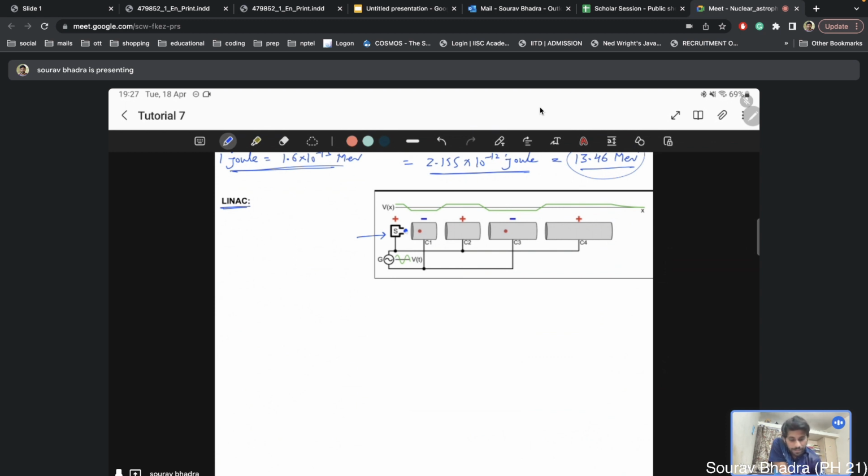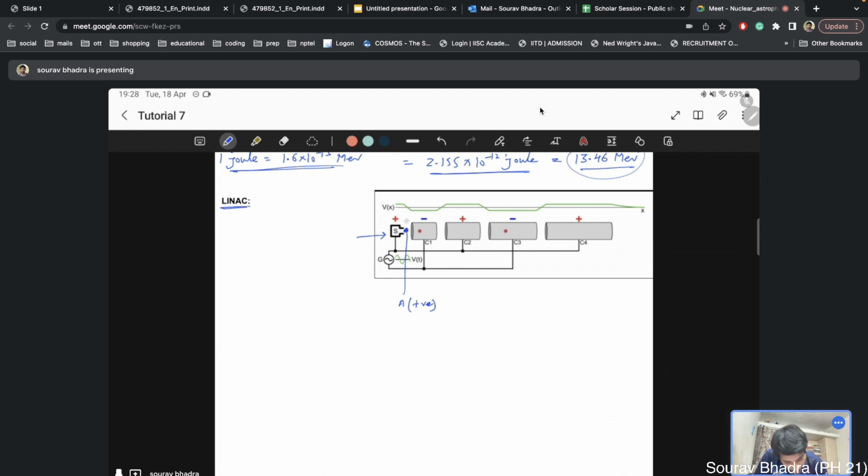When the positive particle is at position A, it will see a negative cylinder-like structure in front of it. That means it will feel acceleration towards that negatively charged cylinder, and due to this acceleration, the energy will increase.